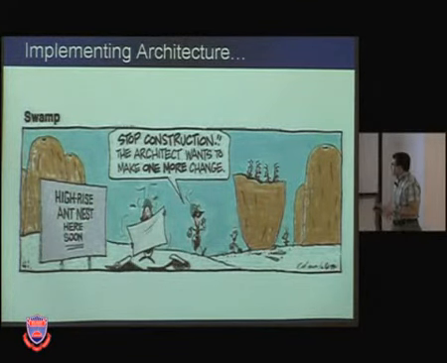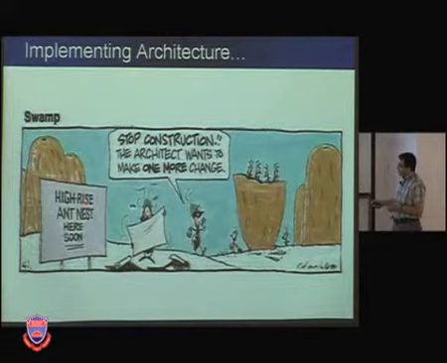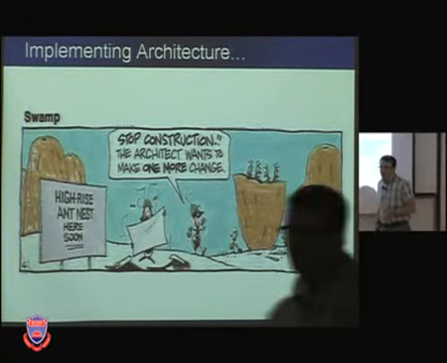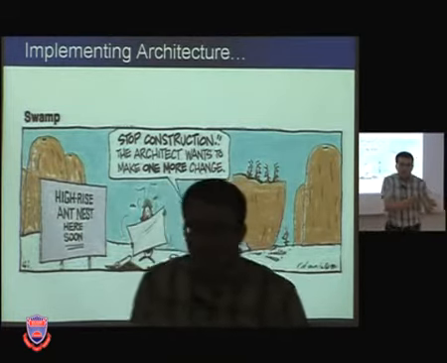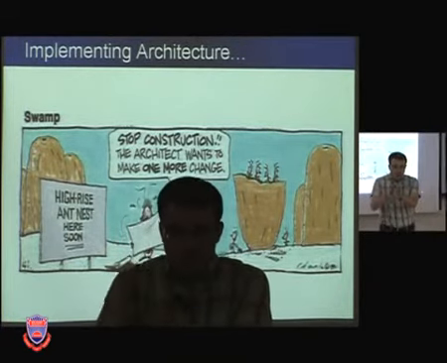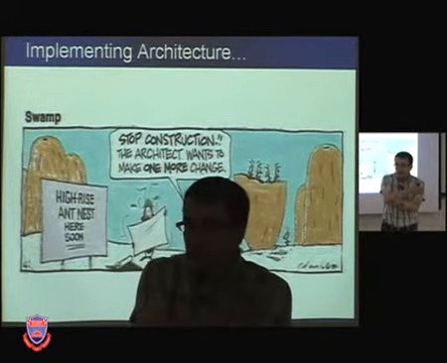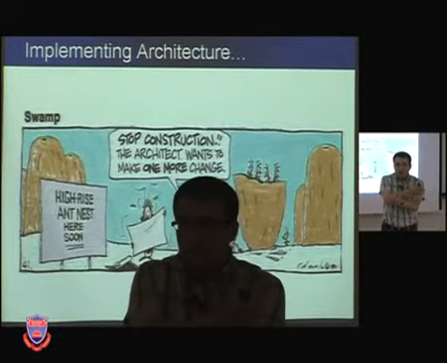It's like a high-rise ant nest here. One of the ants says, stop construction. The architect wants to make one more change. Usually that's very, very hard. If the system has been built and is running, it's very hard to just say, let's change the architecture. It doesn't go like that.